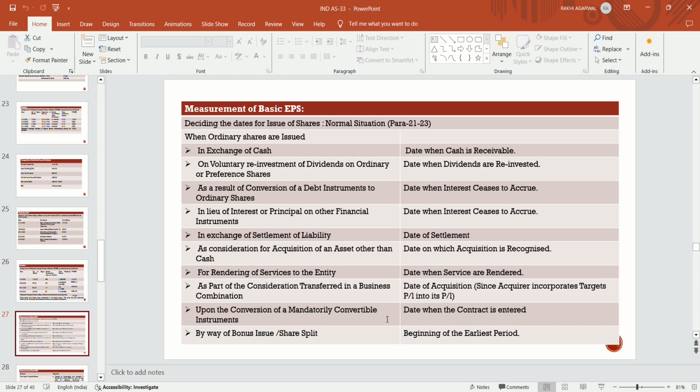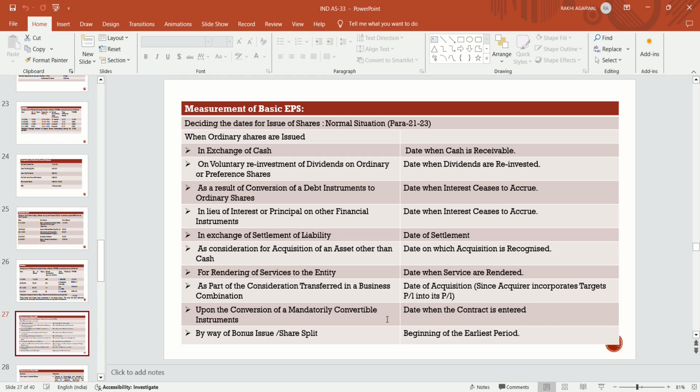When the entity issues shares as consideration for acquisition of an asset other than cash, the date is when the acquisition is recognized in the books. When the entity issues shares in exchange for rendering of services, the date is when services are rendered.